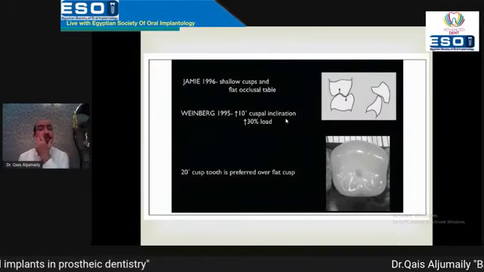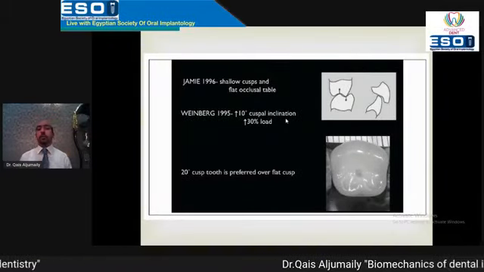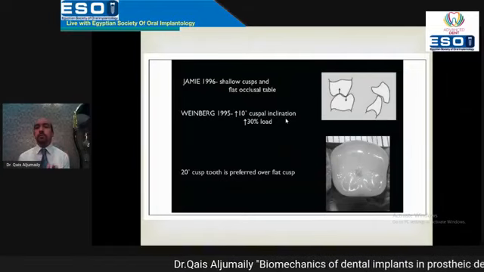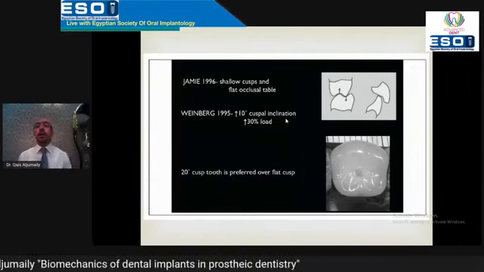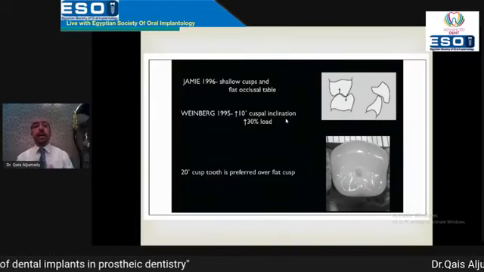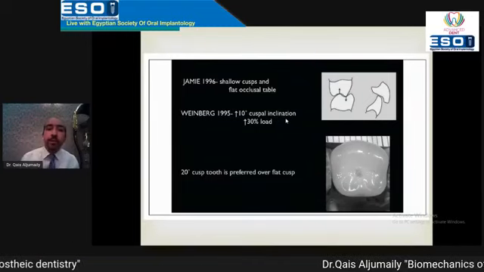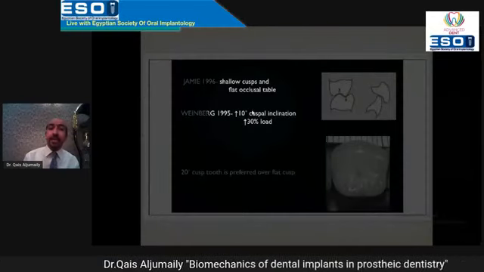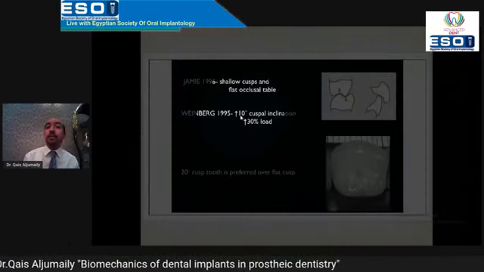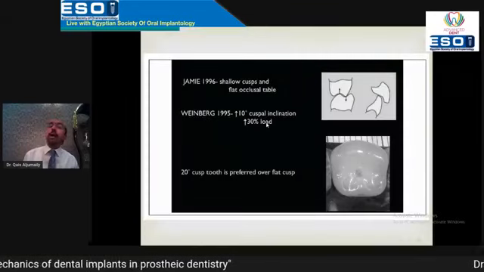Regarding the occlusal surface, as I said, it's better to use a narrow prosthesis, not a very large occlusal table, with very shallow cusps. Weinberg in 1995 found that increasing the cuspal inclination by 10 degrees will increase the load by 30%.